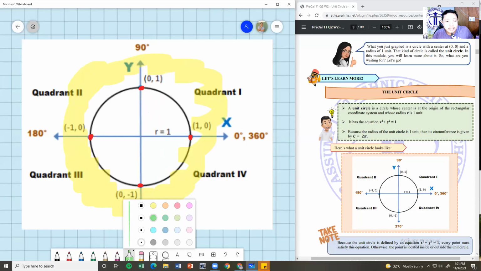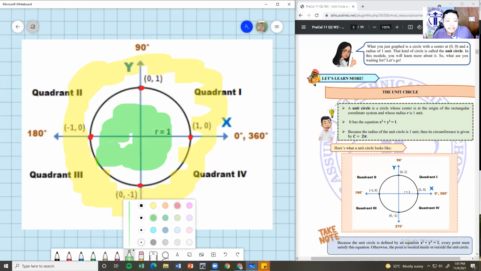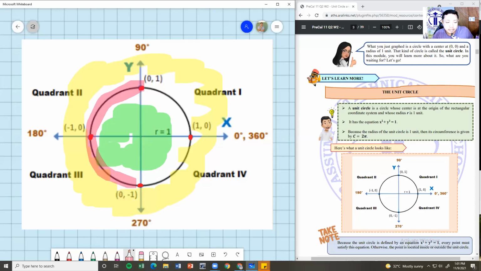The points that lie inside the circle are the points that lie here inside. And the points that lie on the circle are the points themselves that pass through this circle. Okay, please take note of that.